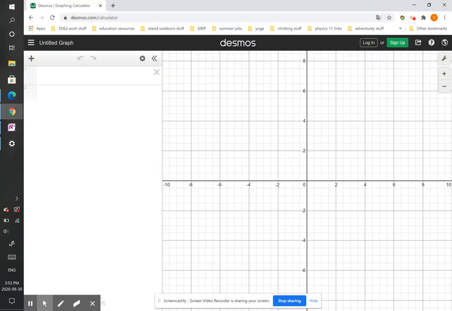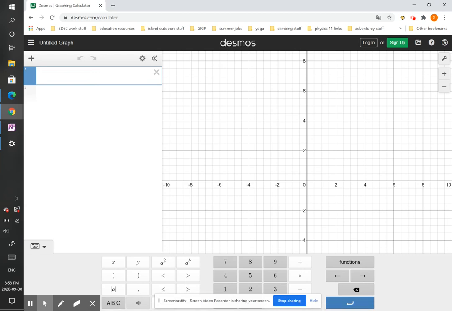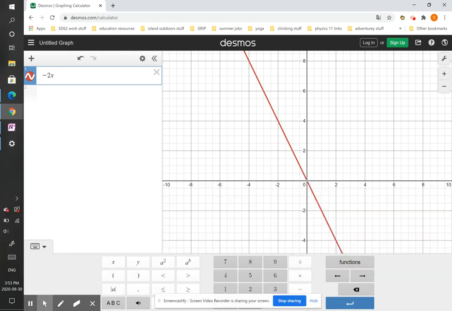So if I come up here to, this is the Desmos web browser, but the app looks very similar. So I need to plug in the formula. So I had negative 2 and X I'll use for, okay, we're working on it. We're going to work through it.